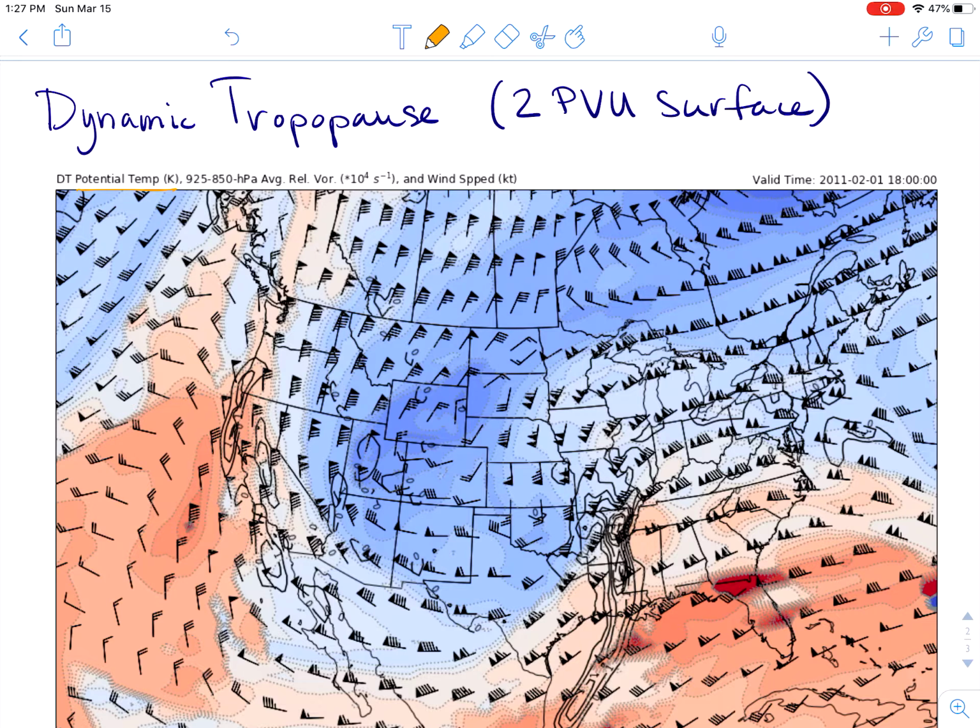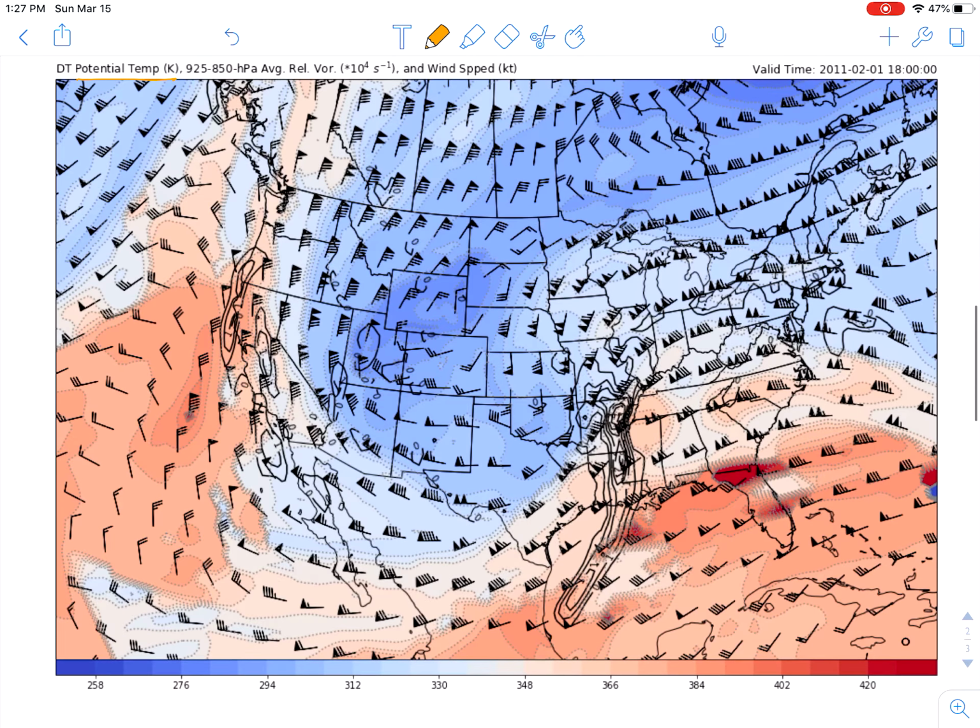And so it turns out that in our warmer air, in our tropospheric air, we'll have higher values of potential temperature, seen by the warm colors, and colder values where we have a lower troposphere.